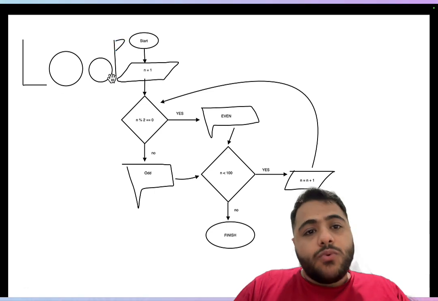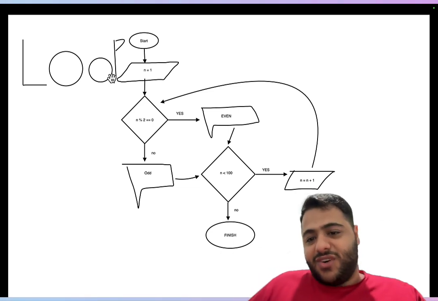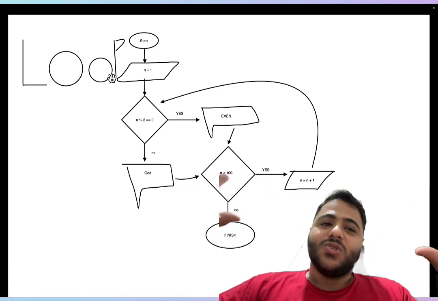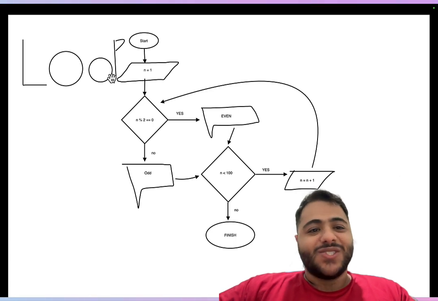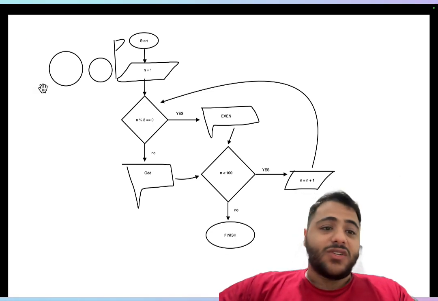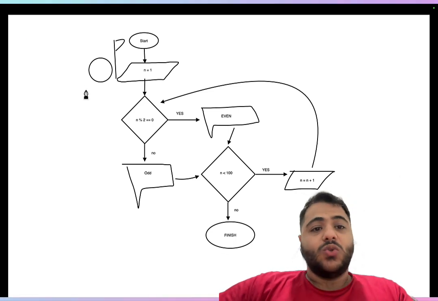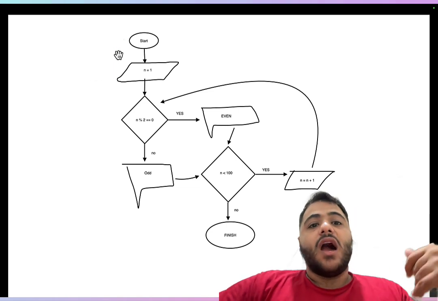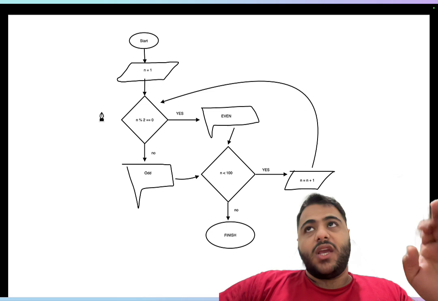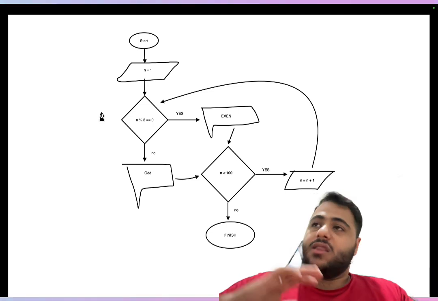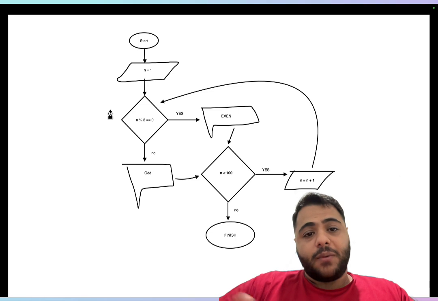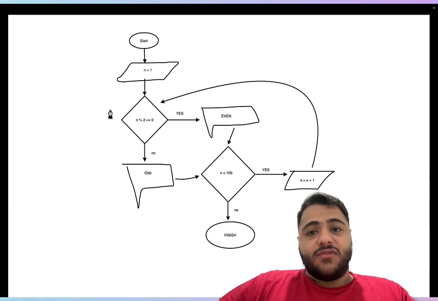So a loop is currently what I'm talking about. Loop also means we do things over and over again. So for a task where we do something over and over again, for example, checking if n is odd or even from 1 all the way to 100, we're going to loop through it. That's the concept we try to do here today.